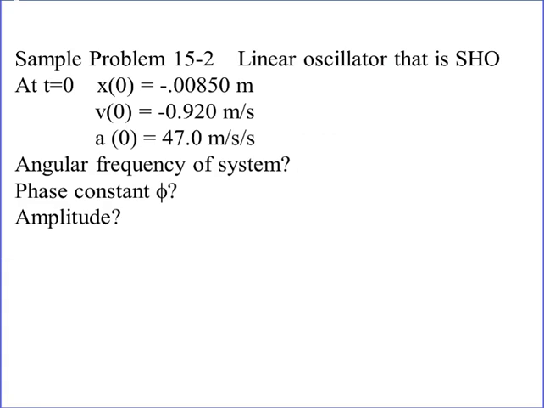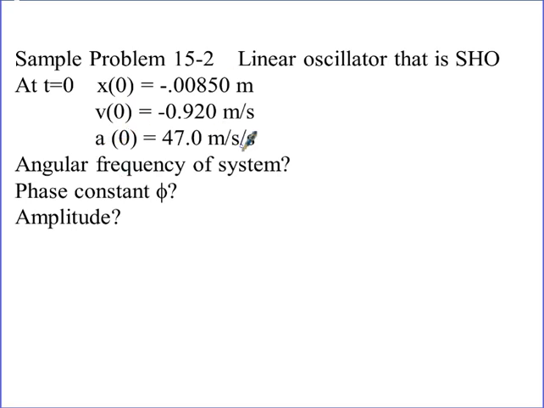Here's a sample problem that kind of weirded me out the first time I ran into it, so I'd like to hold your hand virtually. They tell you it is a simple harmonic oscillator, and its position at time 0, its velocity at time 0, and its acceleration at time 0 are given by this.